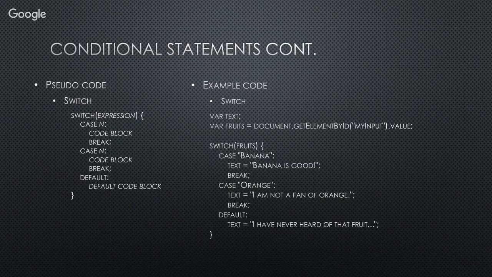In this case, we don't use an else as a catch-all. We use a default if we want to say, if it doesn't match any of those cases, you can do this. The other important thing is to use the break keyword inside the case, because that'll get you out of the switch. Otherwise, it will keep going down the list.